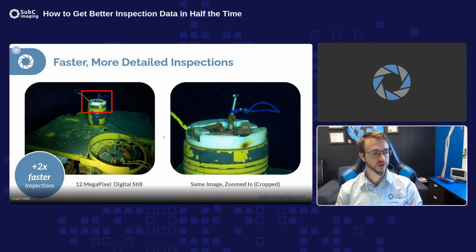And it's at 2 hertz, it's not at video frame rates, so you don't have to worry about data problems, too much data. And on the left here, for example, this is a digital still. And on the right, this is that same digital still, but with the red box cropped out. So you can actually zoom in post. The digital still retains the clarity, the resolution, the sharpness forever.